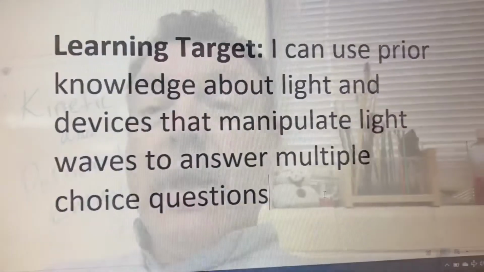So we're going to have to use the information that is already stored here in our brains and answer questions that are more like real life situations. Okay, so not just like coming up with a definition or drawing something, but to actually make sense of situations that deal with light waves and devices that manipulate the light waves. Okay? So let's get started.